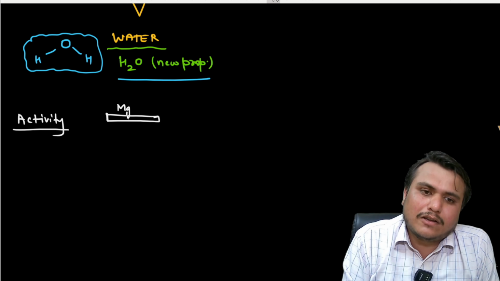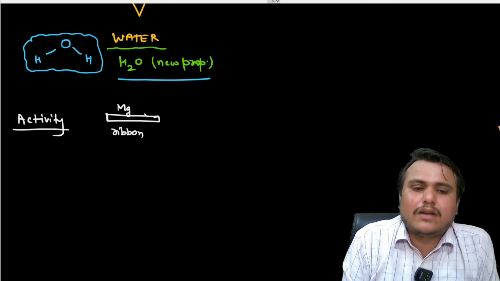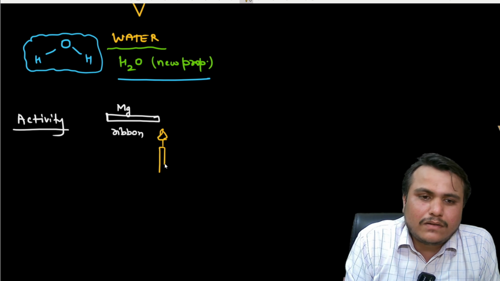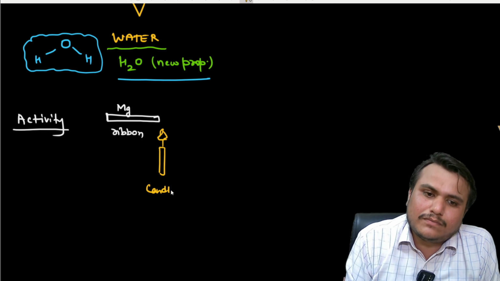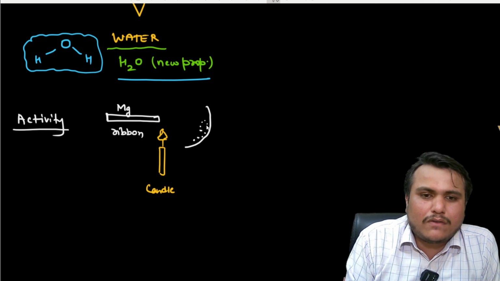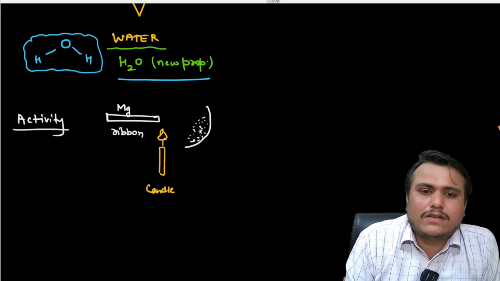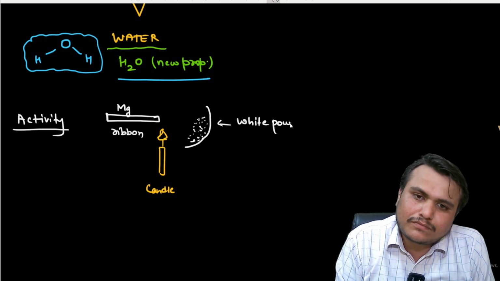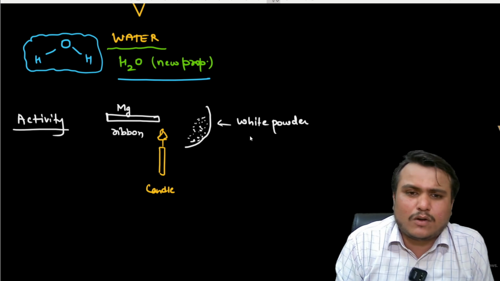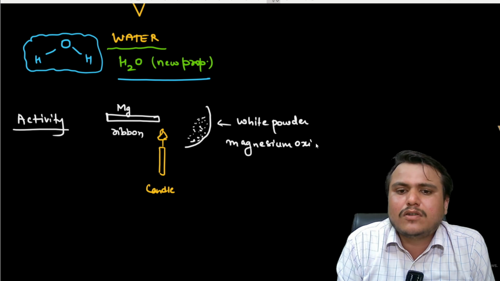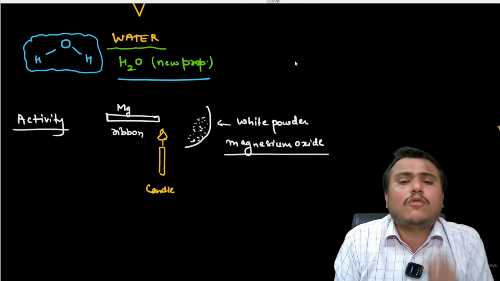When this magnesium ribbon is burned using a candle, we get a white powder as a product, and this white powder is known as magnesium oxide.